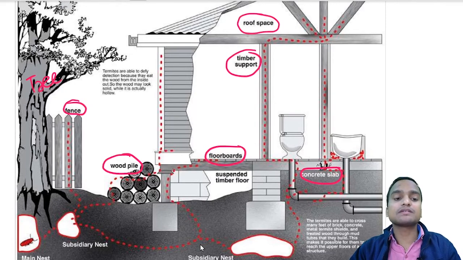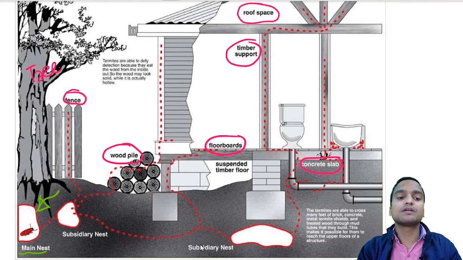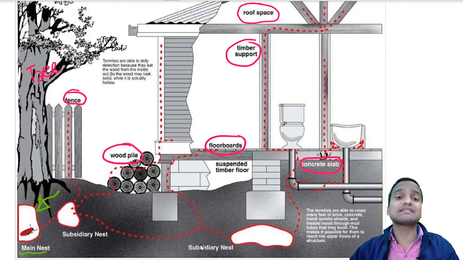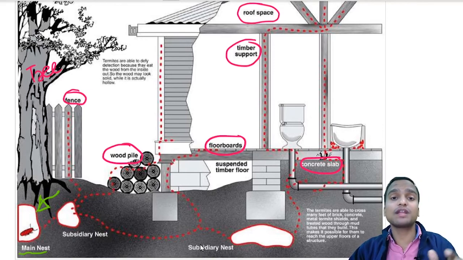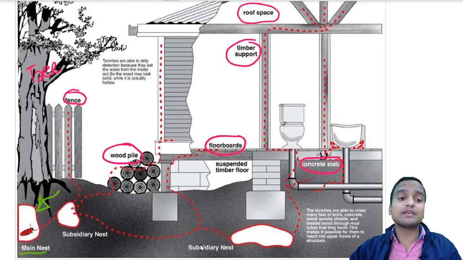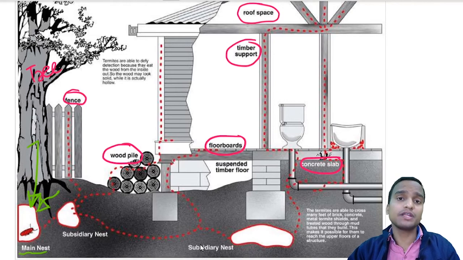So what happens, there are a few nests of termites. You see this termite nest here. So this is the main nest, okay. This is the main nest of the termites, which may be existing beneath the soil for a very long time, and they may be getting food from this old tree.